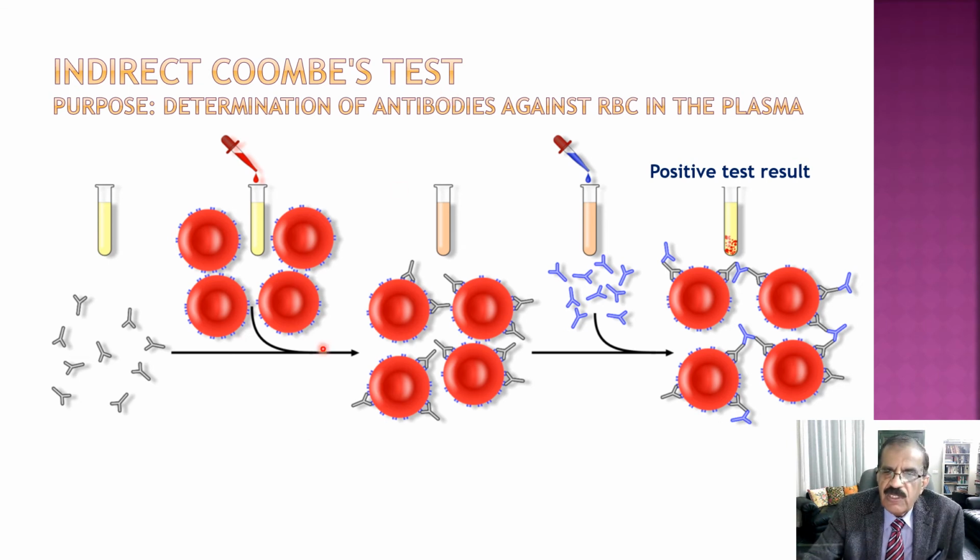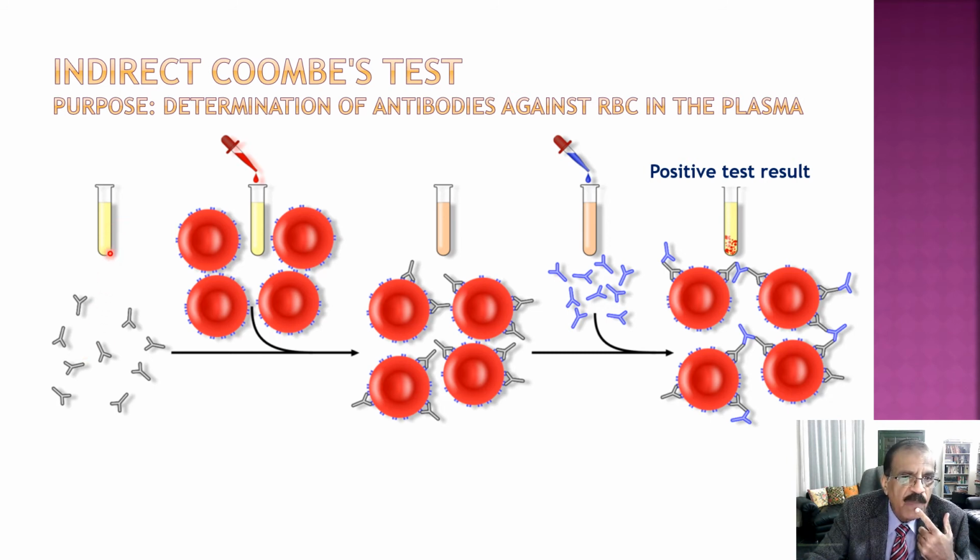Now this is actually the same test. The difference is that in this case we first take plasma of the patient. In the direct test we took RBCs of the patient. In this case we take plasma of the patient because we want to see if antibodies are present in the plasma.